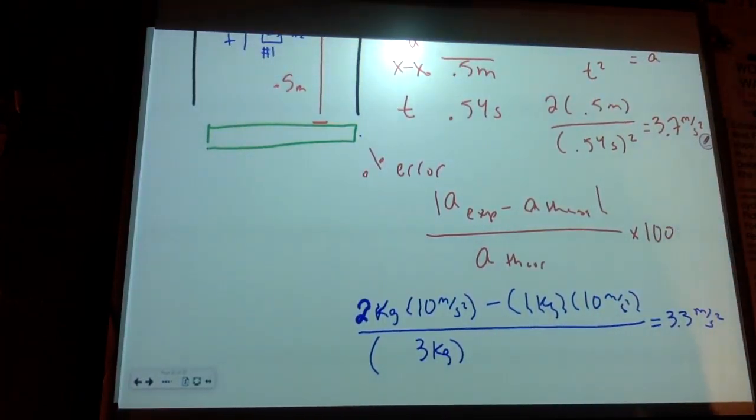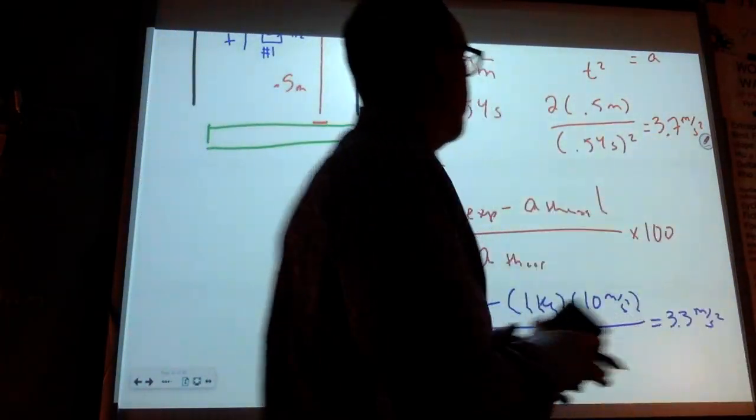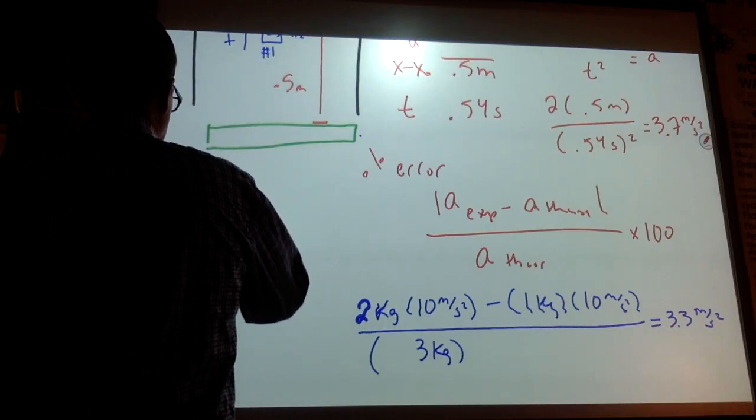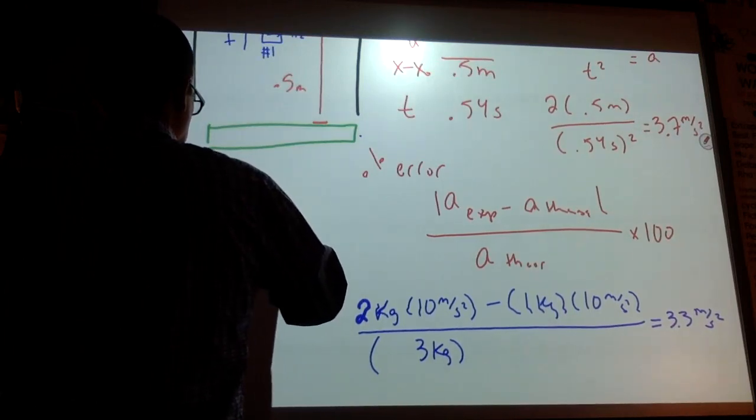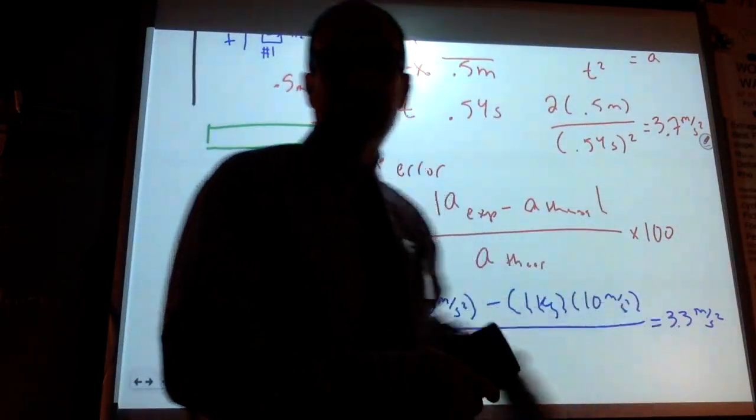It's going to give me a plus or minus. So experimentally, when I timed it, it was 3.7 meters per second squared. Theoretically, I said it should be 3.3.